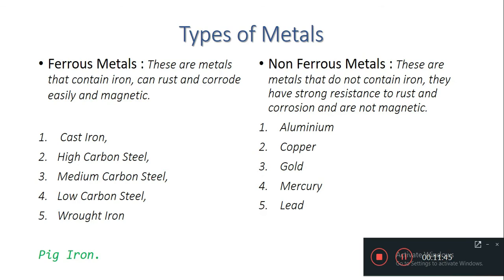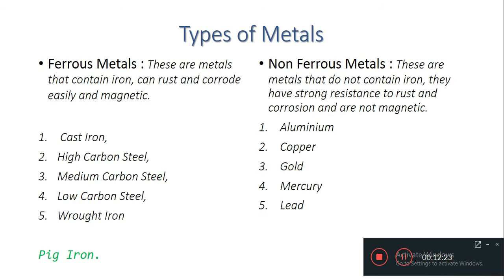Now, mostly we get these irons or steels from a raw ore or raw material that is known as pig iron. So pig iron is what we mostly use in the production of cast iron, high carbon steel, medium carbon steel, low carbon steel, and the wrought irons.